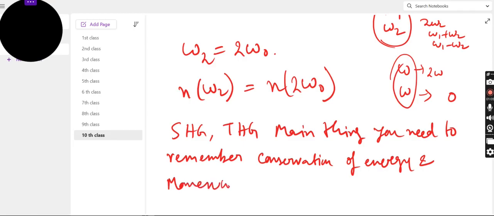Momentum is followed by the photons, always.